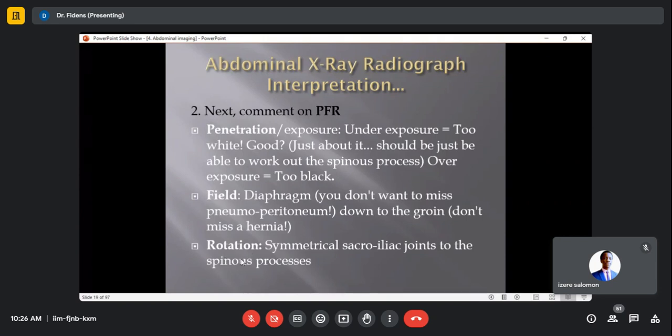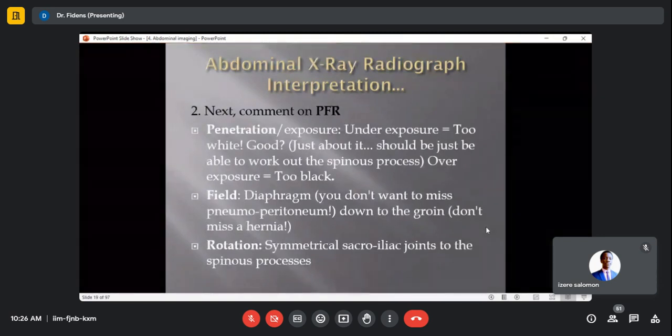If there is no rotation, you should check both sacroiliac joints and the spinous processes. You remember for chest, we used to measure the distance from the spinous processes to the medial end of clavicles, both sides, left and right.